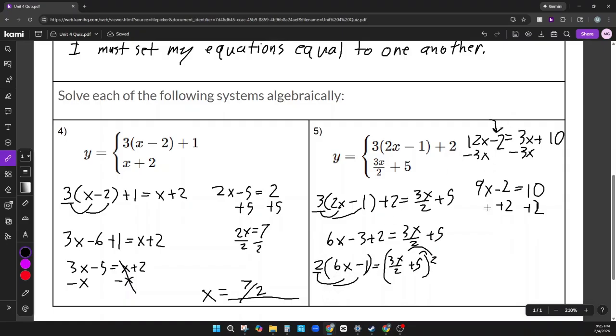I rectified that, making this a negative 2. And when I do that, I'm going to get 9x is equal to 12. If I divide this out, I get x is equal to 12 over 9, or 4 over 3, or 1.3 repeating. If you simplified or threw into a calculator, that's fine, but these are our answers.